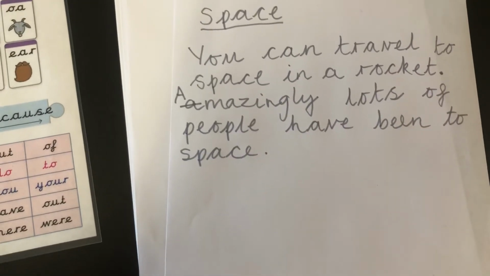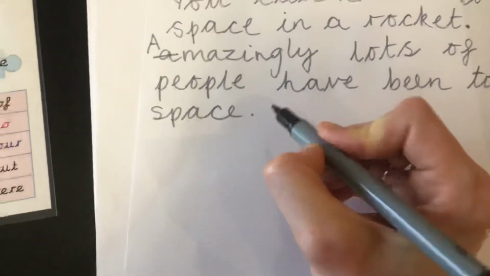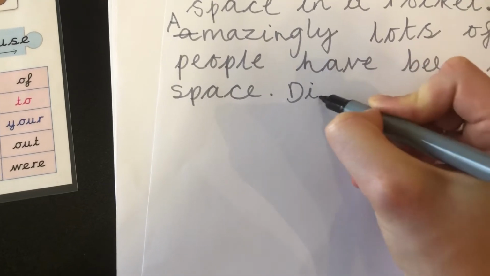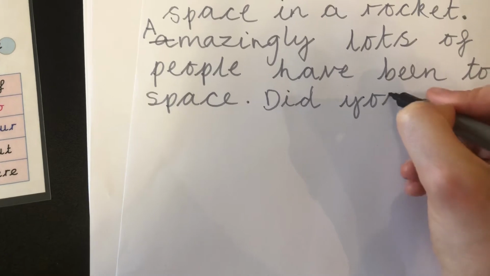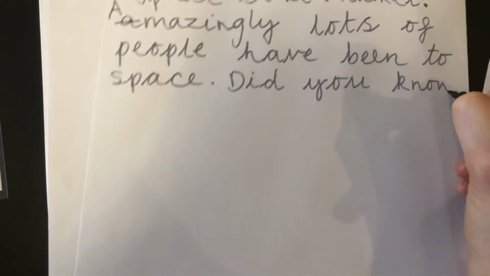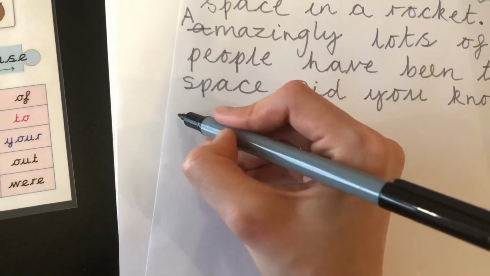I remember the next part was, did you know that a dog has been to space? So I've got a full stop. Now I need a capital letter. D. Did you, that's a tricky word. Did you know, that's a different kind of know. Did you know that?